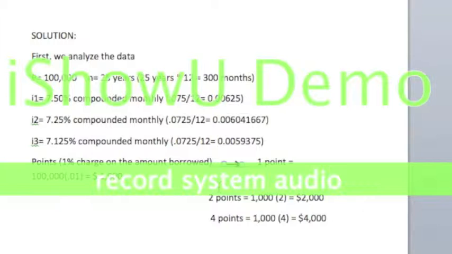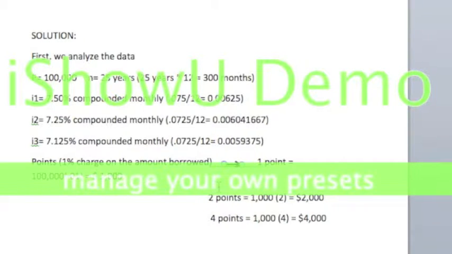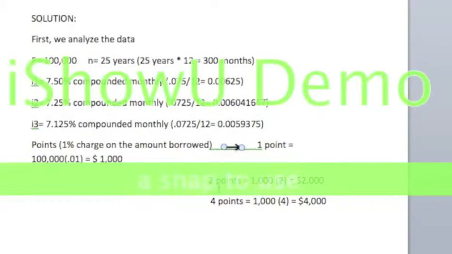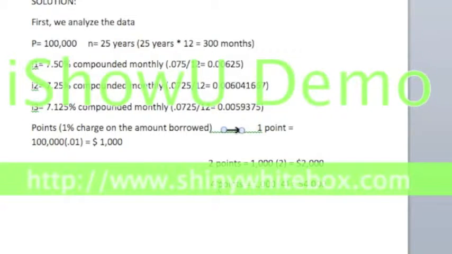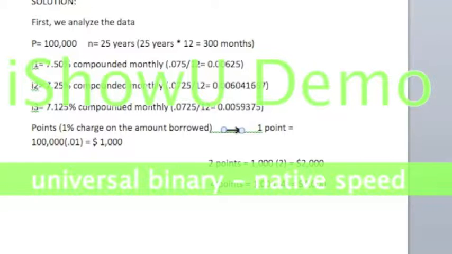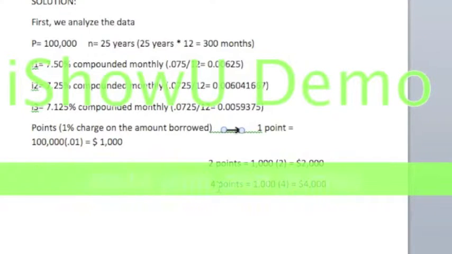In option 3, we have 7.125% compounded monthly, so we divide it by 12, and we obtain 0.0059375.